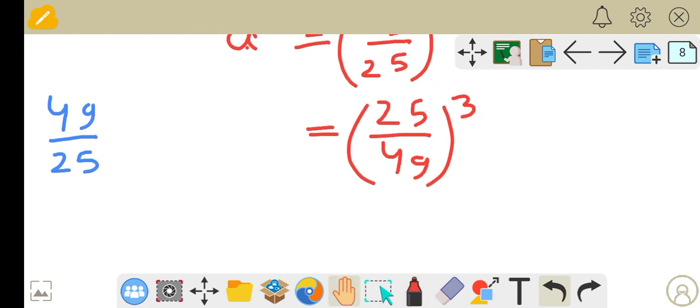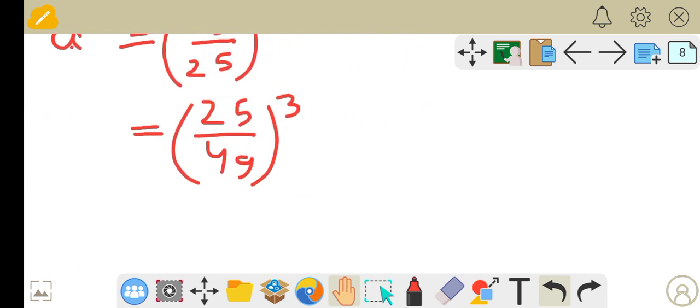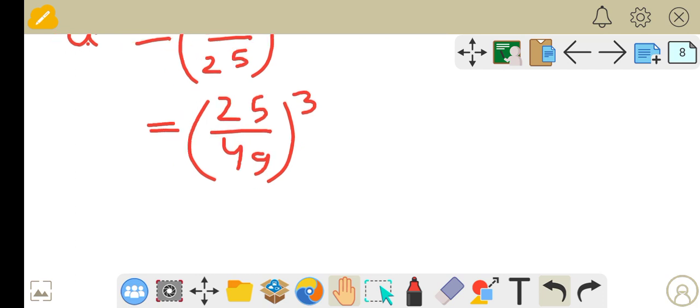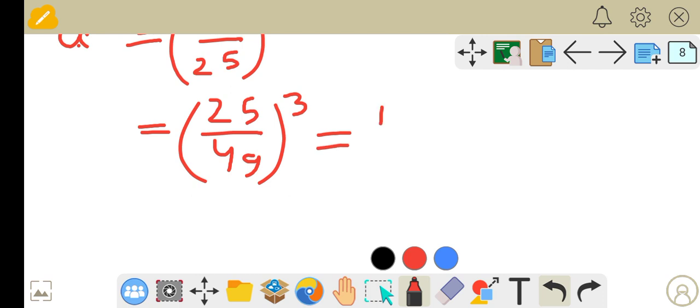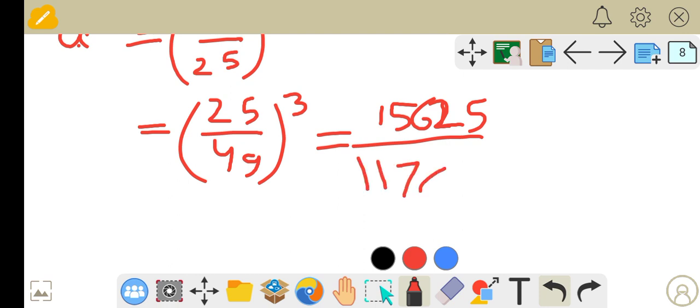Now you can leave your answer in this form, otherwise you can also simplify the same number by multiplying these numbers 3 times: 25 into 25 is 625, and 625 into 25 is 15,625, divided by 49 into 49 into 49, so it is 117649.